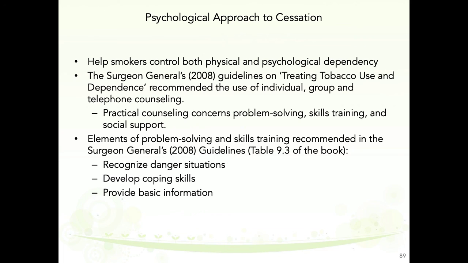You could say, okay, if I open the cabinet and I see the chocolate, I will move the chocolate to a farther away shelf and take a piece of fruit instead. And if you make that explicit plan and you write it down, it turns out behavior change is more effective. So those are the sorts of psychological level tools.